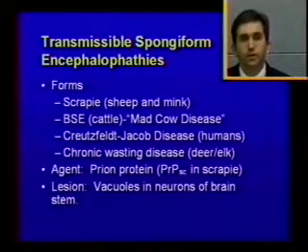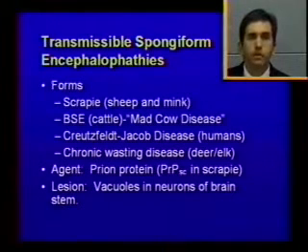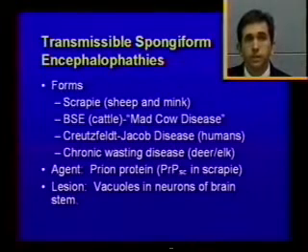One group of infectious diseases that has received a lot of attention lately, and it's very important for the veterinarian to be able to understand, is the transmissible spongiform encephalopathies. The prototype of these is scrapie. This is an infectious disease of sheep and goats caused by an agent known as a prion, or a prion protein.